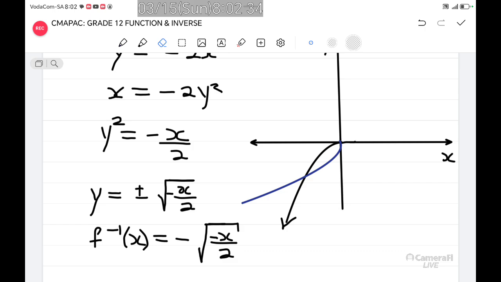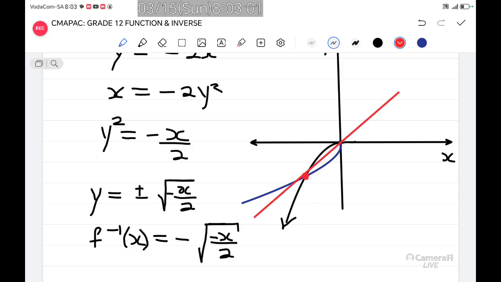So you need to also indicate the line y equals x. Yes, the line y equals x. Almost perfect, but it's not perfect.